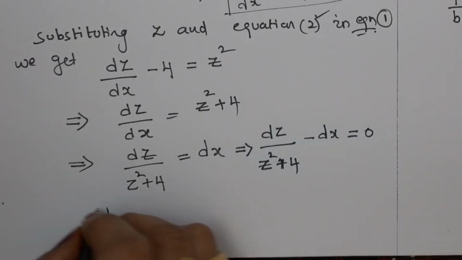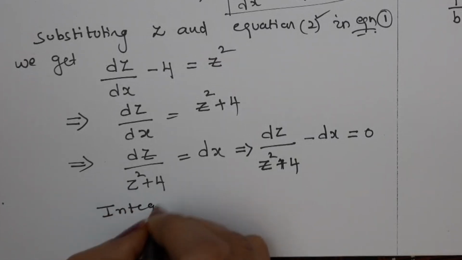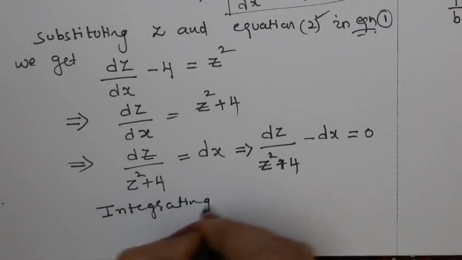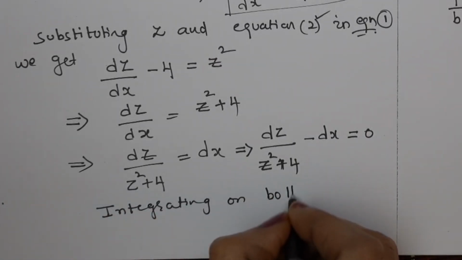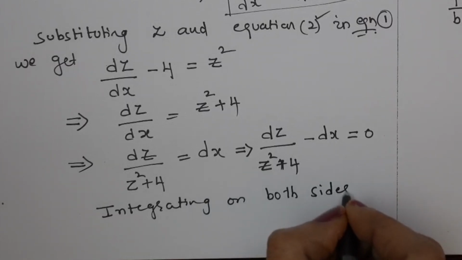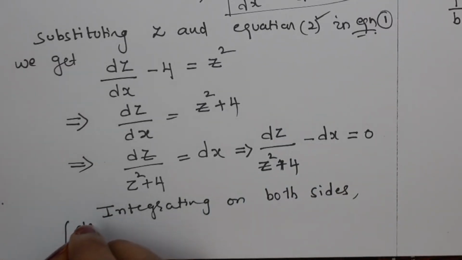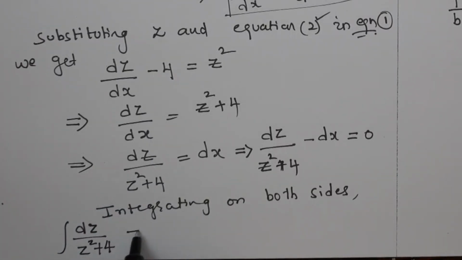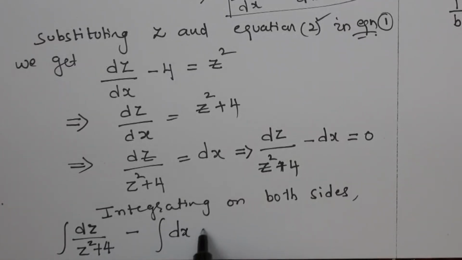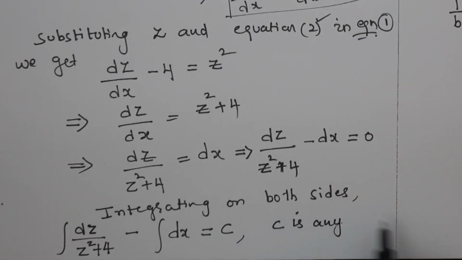Now integrating on both sides, we get integral dz by z square plus 4 minus integral dx is equal to some constant C, where C is any arbitrary constant.